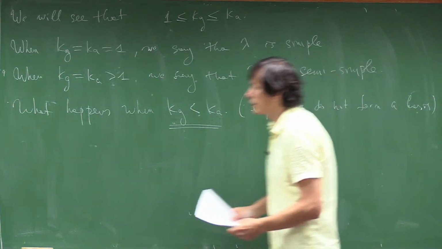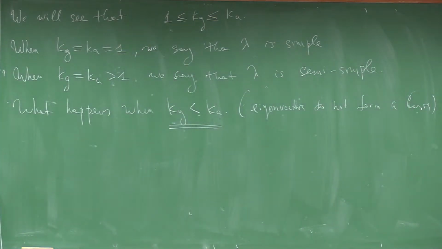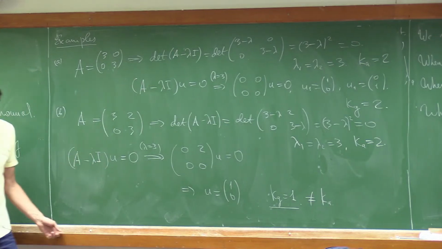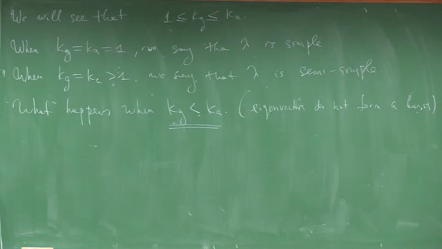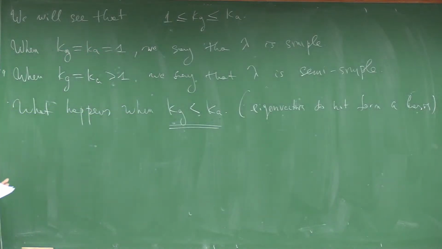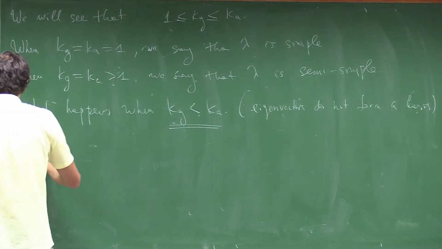For example, in this case we have two roots but just one eigenvector, and with one eigenvector you cannot form a general solution. So what happens in this case? There is an extension of the idea of eigenvector to the concept of generalized eigenvector.